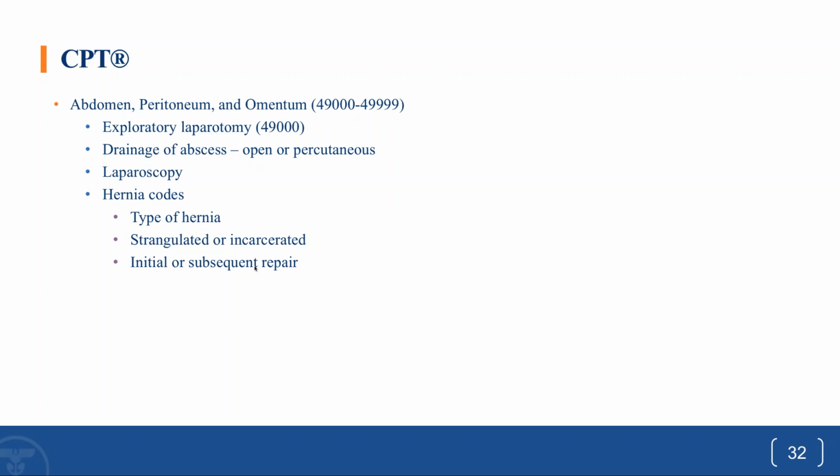And we drew that line already, and we wrote 49568, right, on the ones that can be used. And with laparoscopic hernia repairs, which are located on page 316, the mesh is already included.